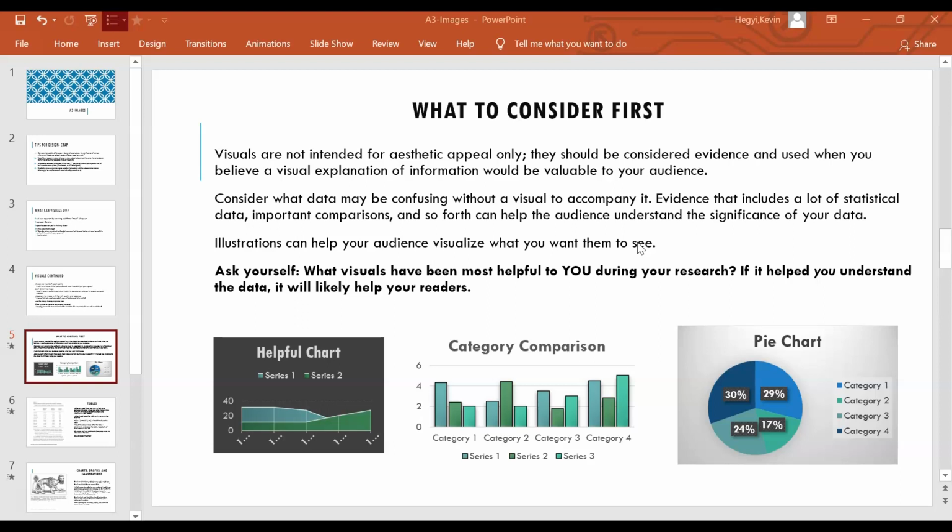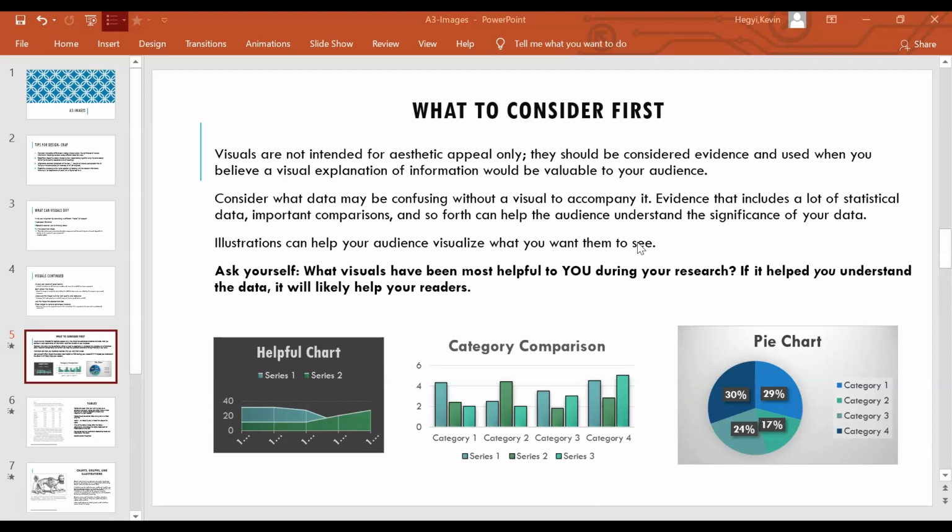So some things to consider. Some things to ask yourself when you're thinking about whether to include a visual and what visual you're thinking about including. What could be confusing and what could potentially be vague or misleading for your audience? What could really clarify things? What kind of visual could help clarify things if things are hard to figure out?